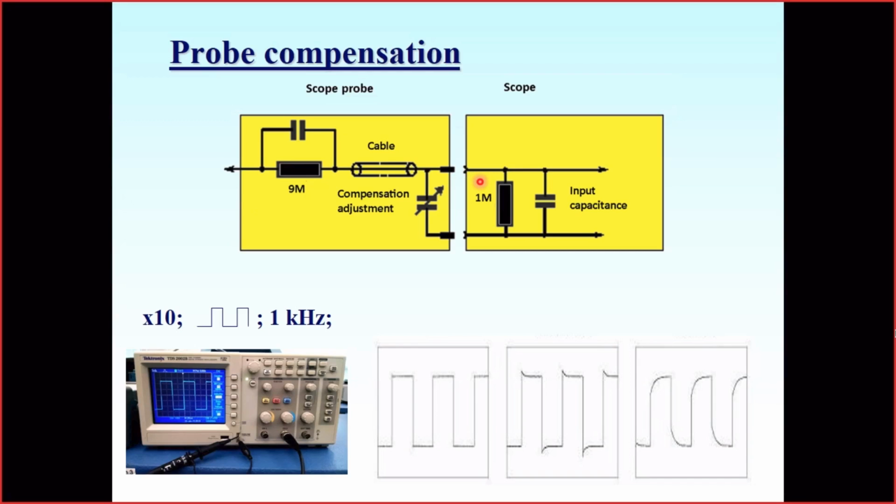It's the same situation as with a measurement with a voltmeter. We may measure with a voltmeter, but we have to remember that the voltmeter has its own input resistance.